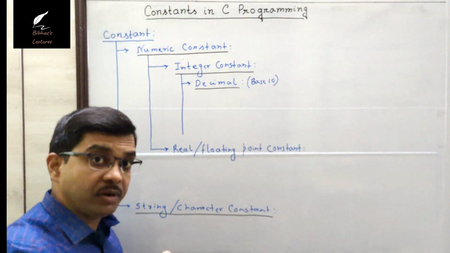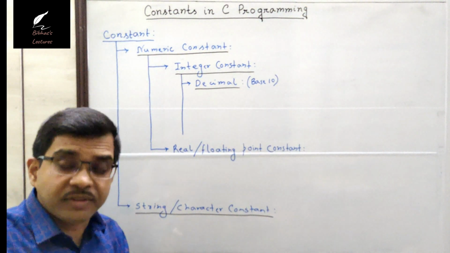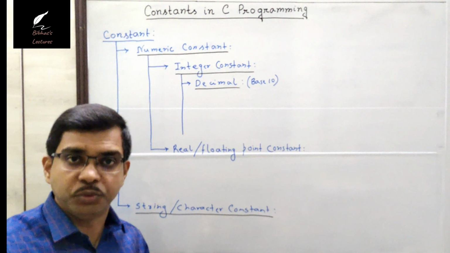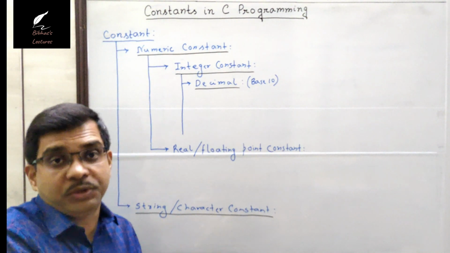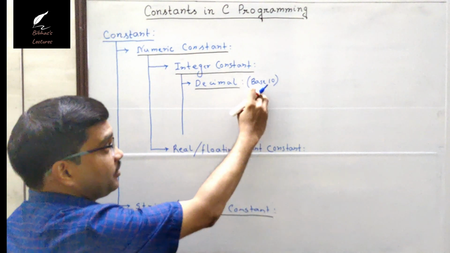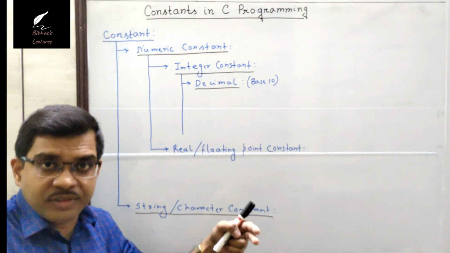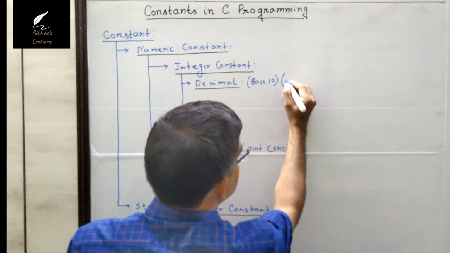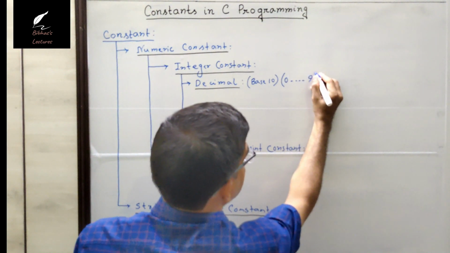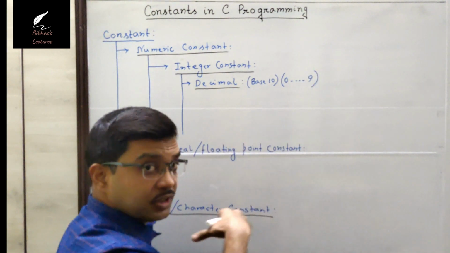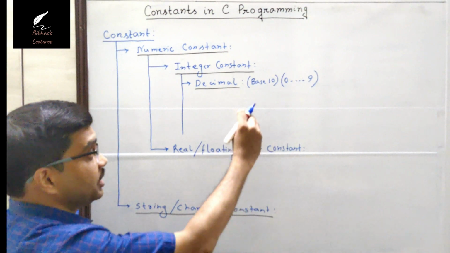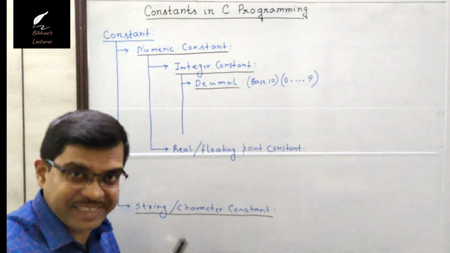Now what is the base of a number system? The base means how many different numbers are used in a particular number system. So in the decimal number system, we use 10 different numbers starting from 0 to 9. So these 10 different numbers are used in the decimal number system. That's why the base of this decimal number system is 10.